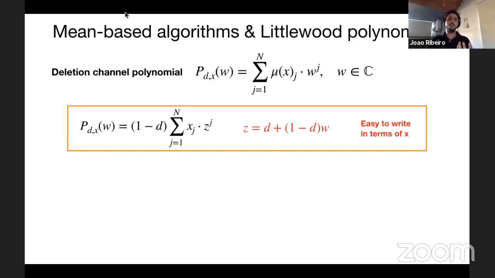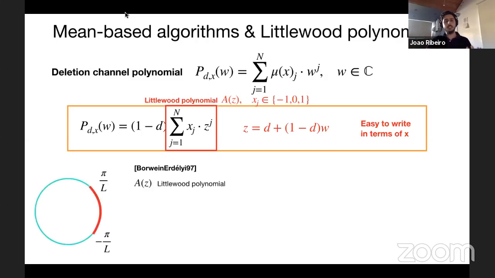Why is this useful? Because this is really just what's called a Littlewood polynomial, which we're going to call A(z), because the coefficients of x are either -1, 0, or 1. This is a well-studied class of polynomials. In particular, there is a result from Borwein and Erdélyi that bounds the maximum of these polynomials over an arc.